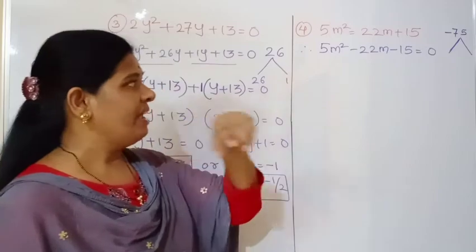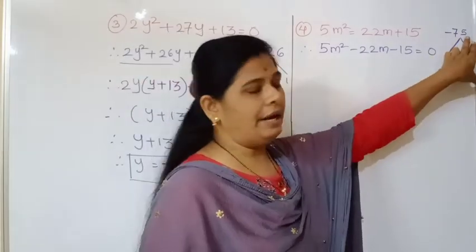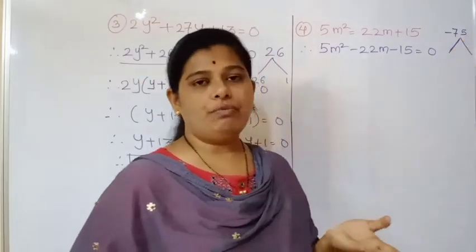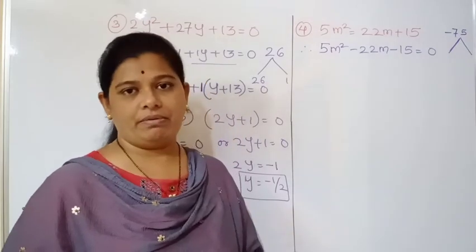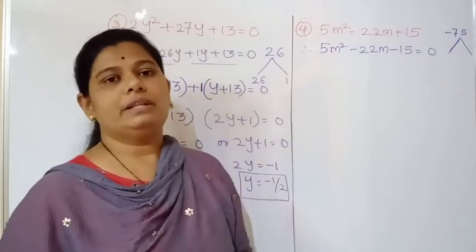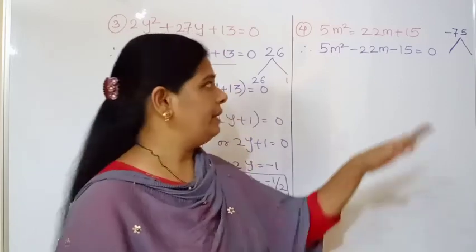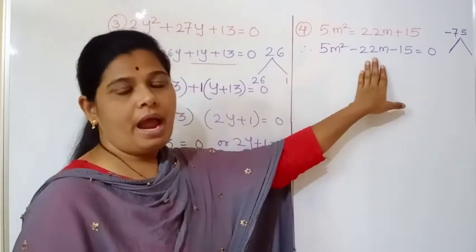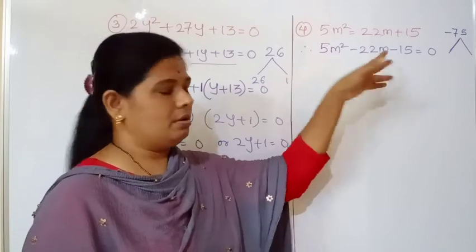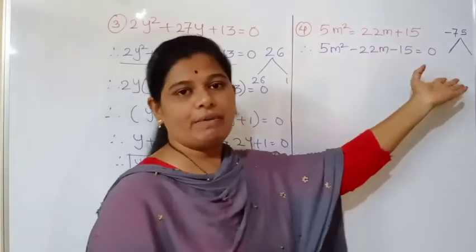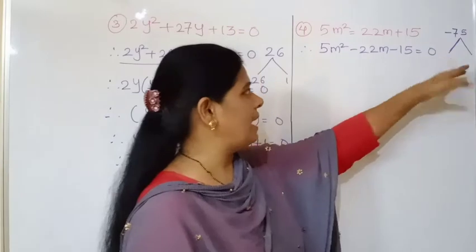Now as we all know that it is ending with 5, if we divide 75 by 5, we will get the answer 15. So 15 fives is 75. And if we do, not 15 fives, 25 threes is 75.